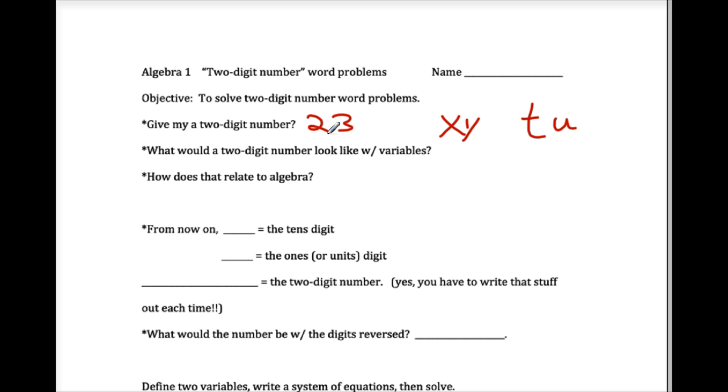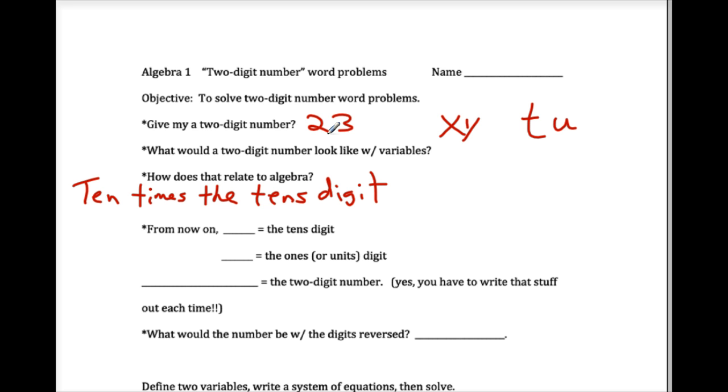So here's what we're going to do. How does that relate to algebra? It's 10 times the tens digit times 2. But then how do we get the 3 in?